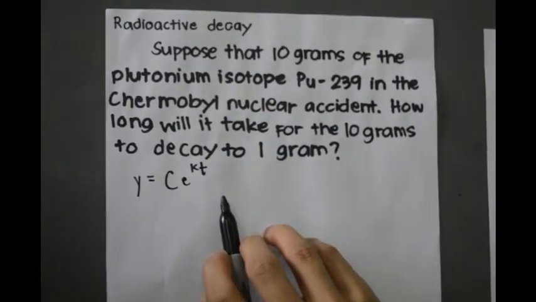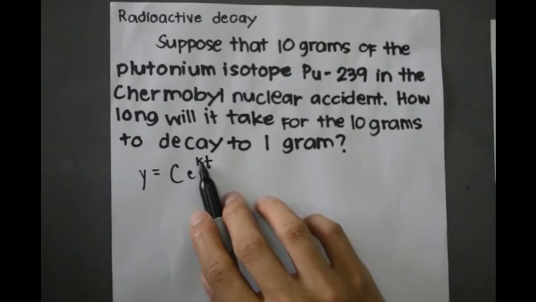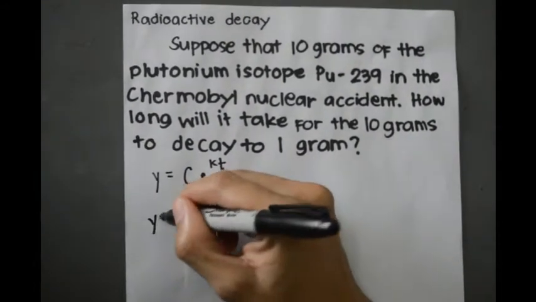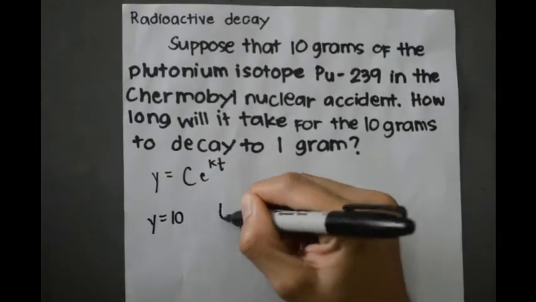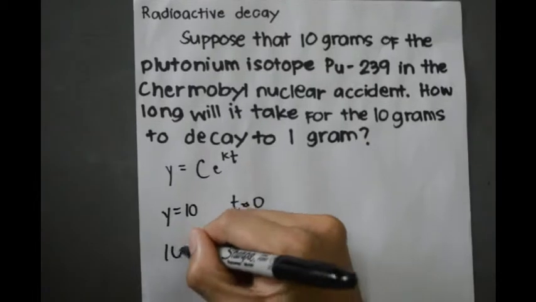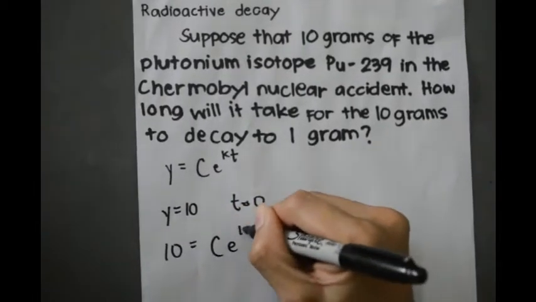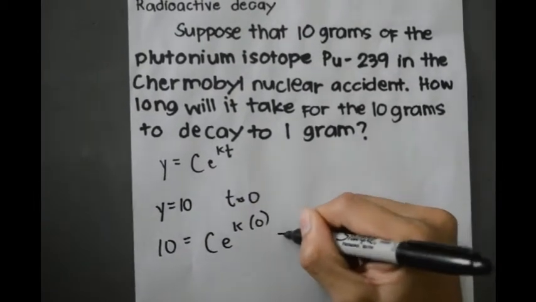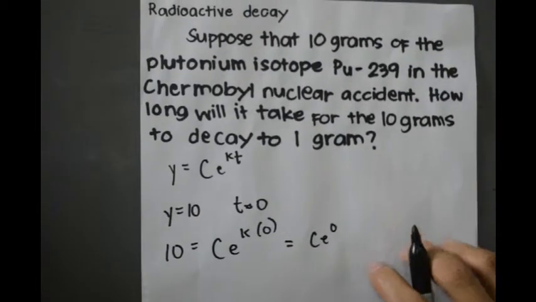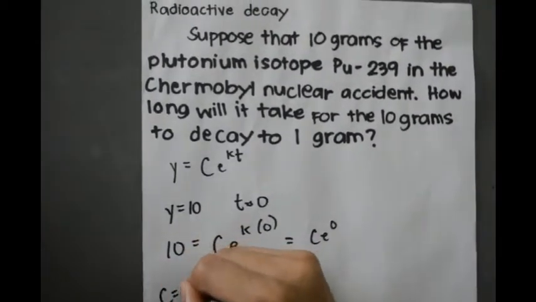To find the values of the constants C and k, apply the initial conditions using the fact that y equals 10 and t equals 0. You can write that 10 is equal to C e raised to k times 0, which is equivalent to C e raised to 0, which implies that C equals 10.